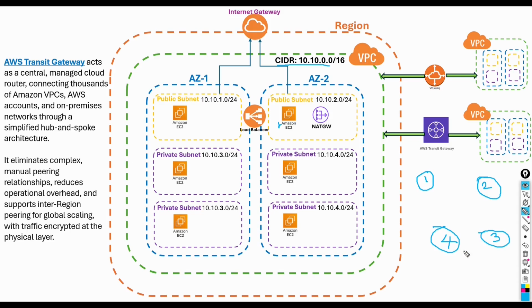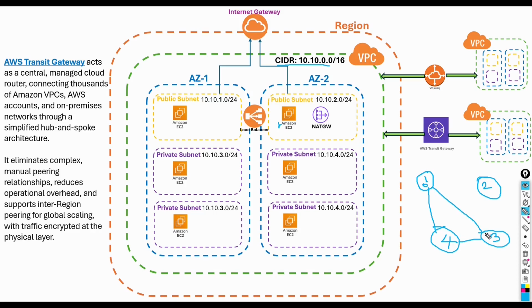For example, if I want to do peering from VPC 1 to VPC 4, and also let's say there is a VPC peering between 4 and 3. This does not mean the resources inside VPC 1 can access the resources inside VPC 3. This is not possible, because we need to create VPC peering from VPC 1 to VPC 3.